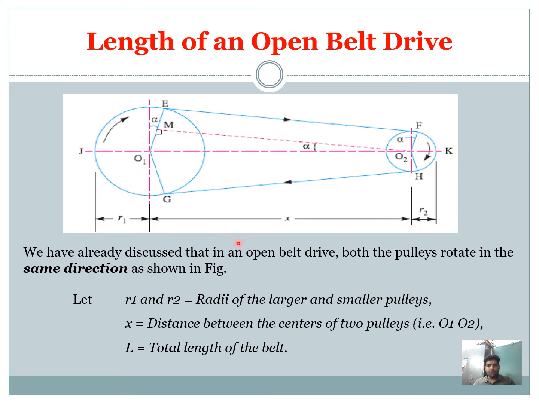This one is the bigger pulley and that one is the smaller pulley. The distance between both pulleys is x. And L is the total length of the belt. That means if you start from point G, go all over the pulleys and end at G, that is the total length L of the belt.